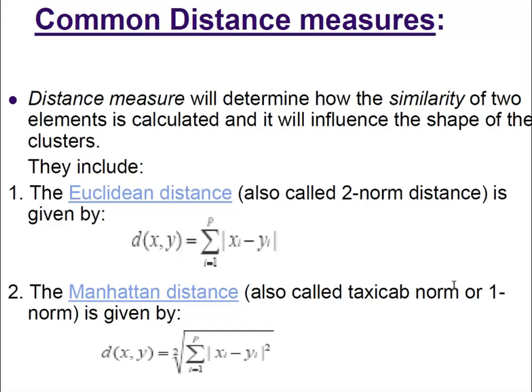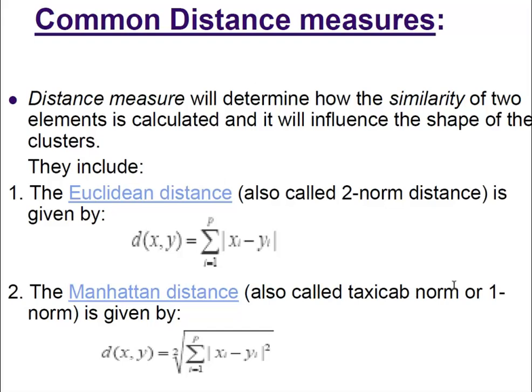Number 1 is called Euclidean distance, also called the two-norm distance. This is one of the most popular measures. It's a straight line distance between 2 points, essentially. If you have 2 points in 2D space, say coordinates (1, 2) and (4, 6), you just apply the Pythagorean theorem, and this gives you the distance between them.